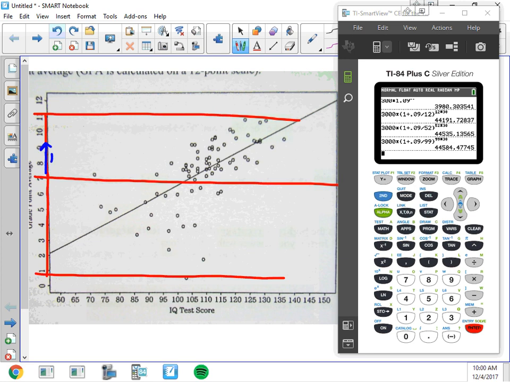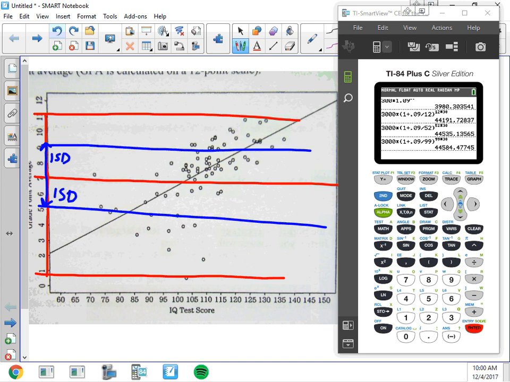If I go up 1 SD and down 1 SD, and I draw those lines, I would expect to capture 68%, which is 2/3, just a little more than 2/3. So the SD measures, on average, how far the points are away from 7, or whatever the average is. Does that make sense? Okay.